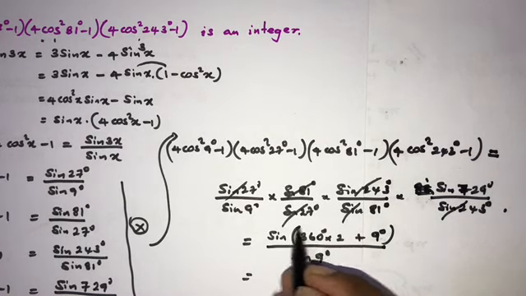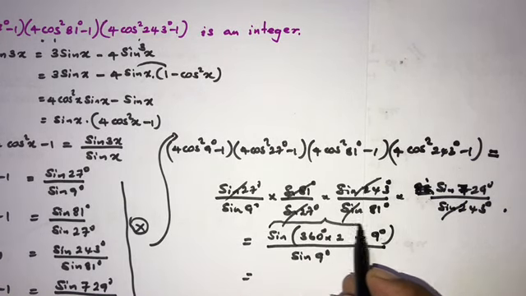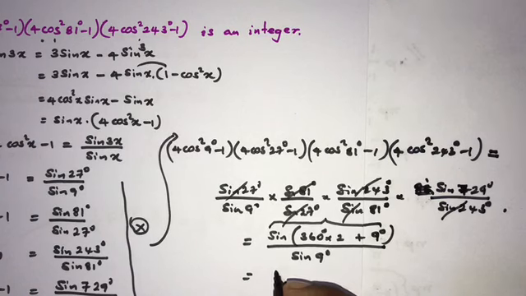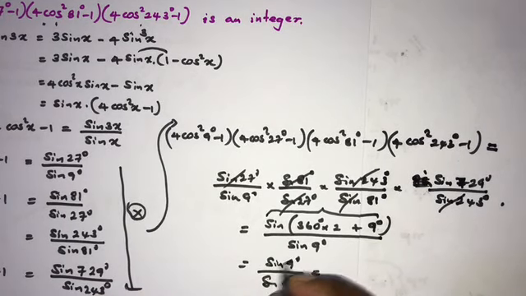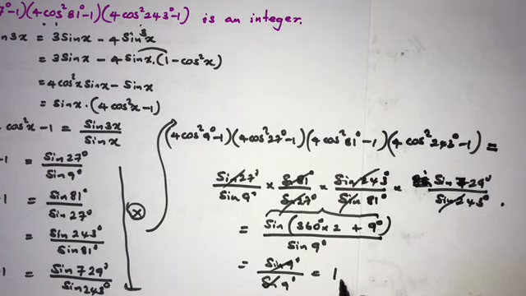Now we know this is equal to sine of 9 over sine of 9. Now this term also gets cancelled and this is equal to 1. Okay, now we know 1 is an integer.